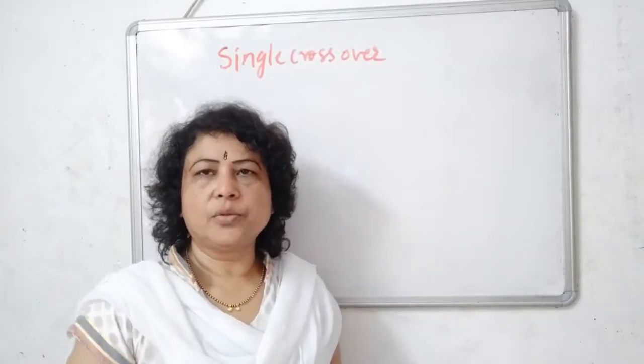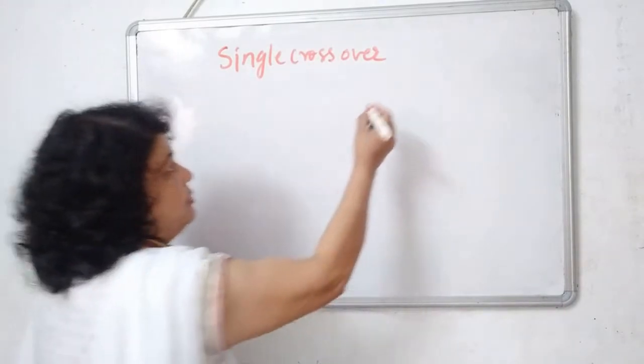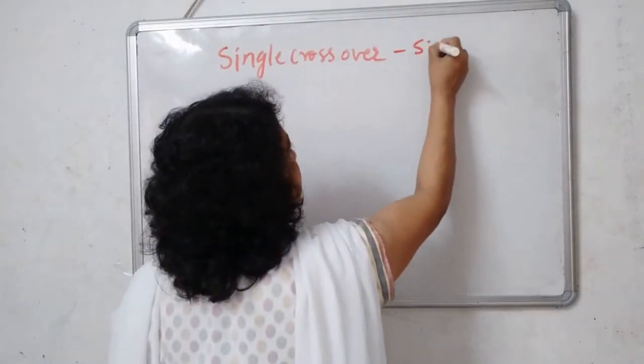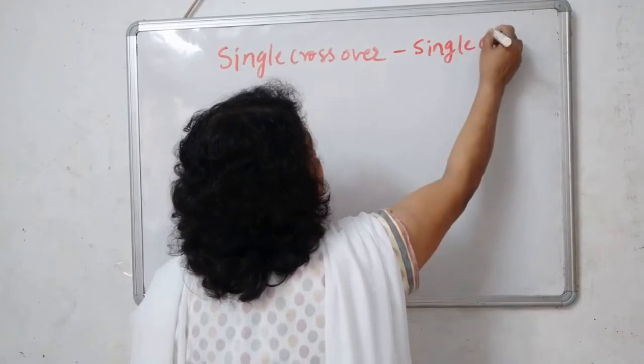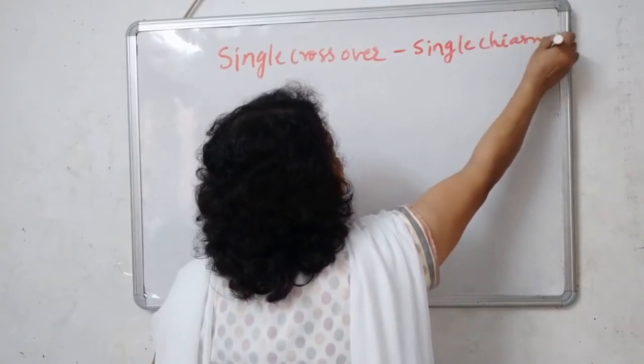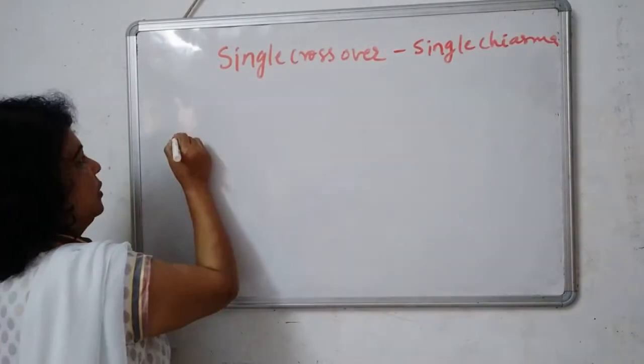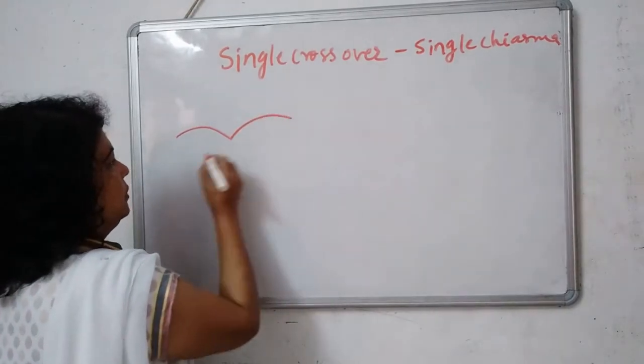A single crossover means there is a single chiasma.